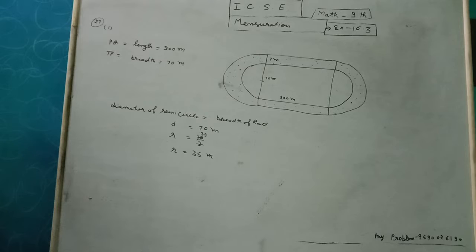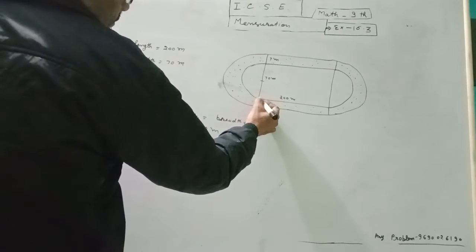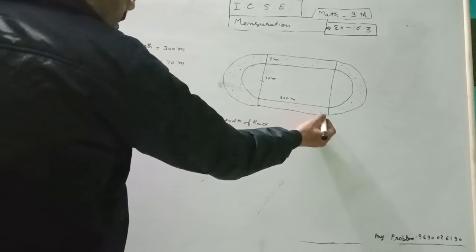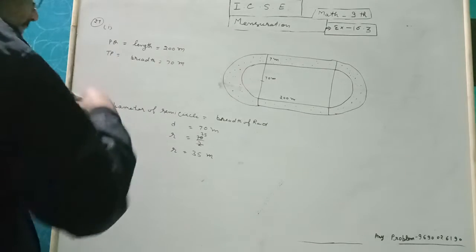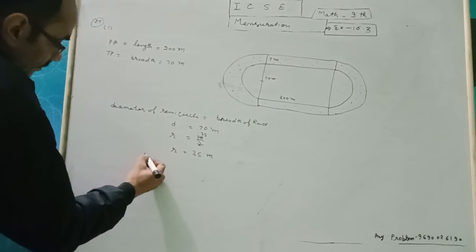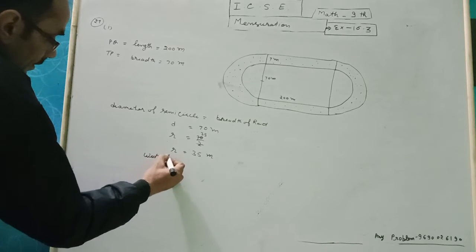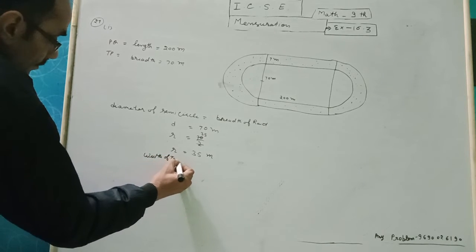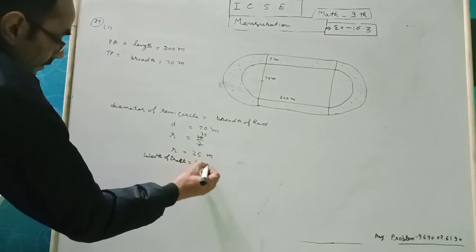To find the outer perimeter of the track, the length is 200 and the width of the track is 7 meter.